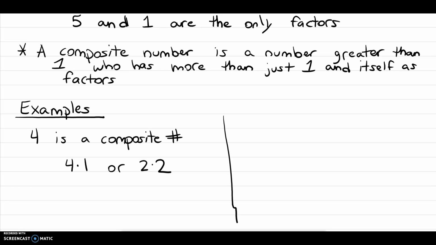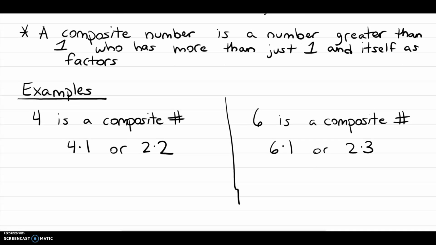Another example, 6 is a composite number. Here we've got 6 times 1 or 2 times 3. And again, we have more than just 6 and 1 as factors because you also have 2 times 3.